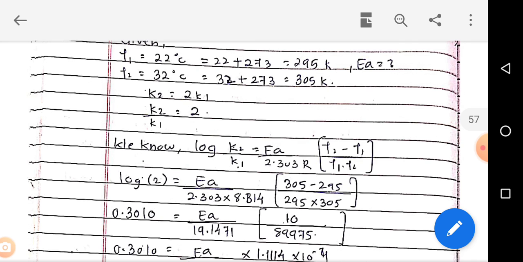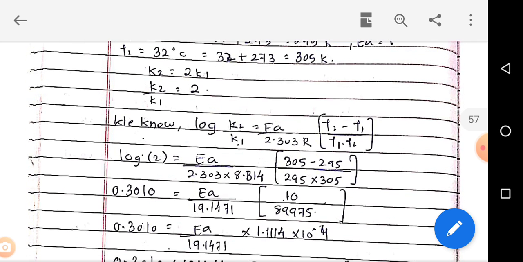We have the ratio value of K2 divided by K1, which is equal to 2. Putting in this value 2, and since we know T1 and T2, we can easily find the value of EA. So, putting the value of K2 by K1 in this reaction, log K2 divided by K1 is equal to 2.